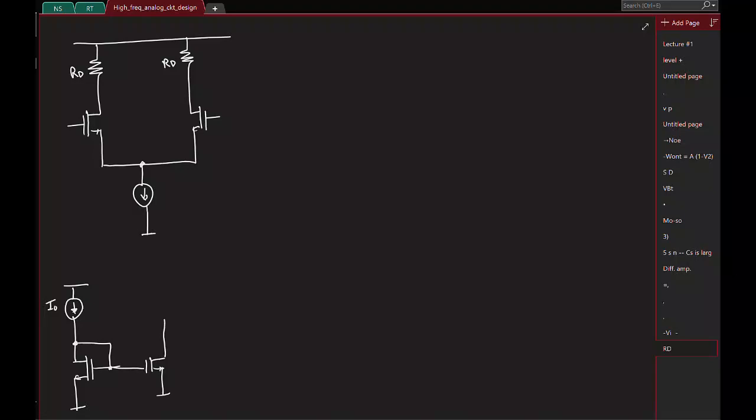You can also play with the sizes of the transistors to get scaled versions of the current. And this is the current mirror. So now you can replace this current source by this guy, so you can do this connection now.